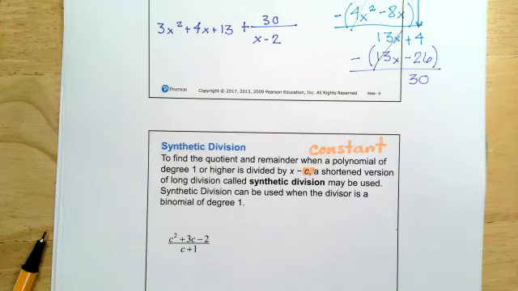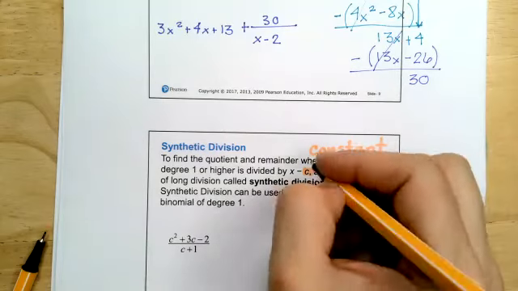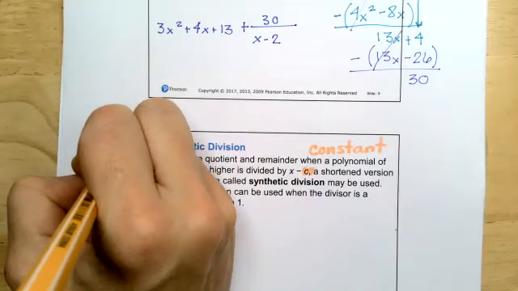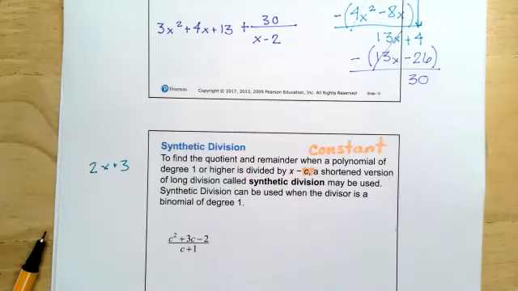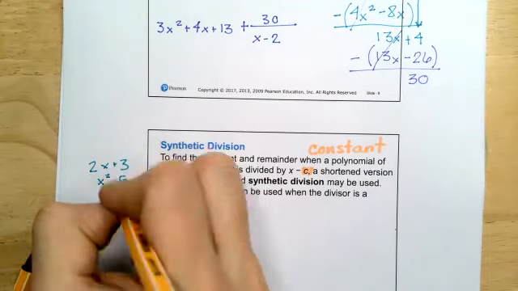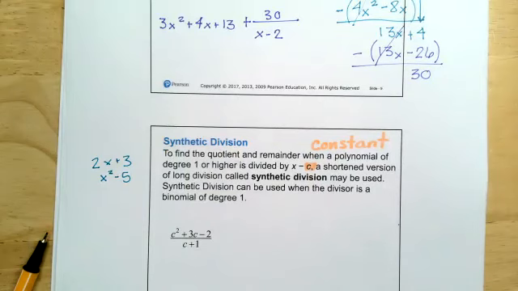Right? Let's talk about what x minus c means. 2x plus 3 is not something we can use for synthetic division. X squared minus 5 is not something we can use for synthetic division.